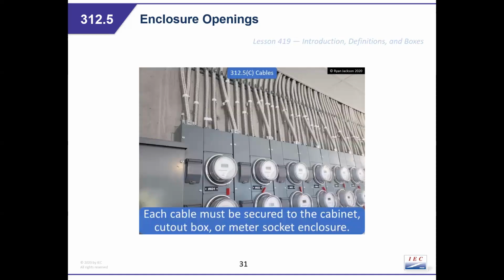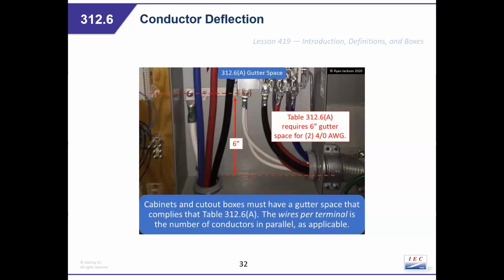So enclosure openings going on, each cable must be secured to the cabinet, cutout box, or meter socket enclosure. Okay. 312.6 says that cabinets and cutout boxes must have a gutter space that complies with Table 312.6A.